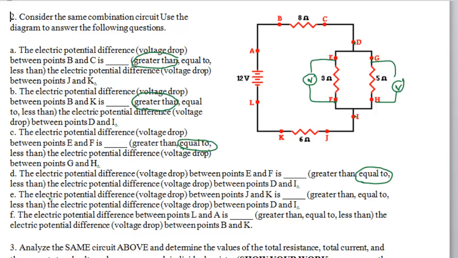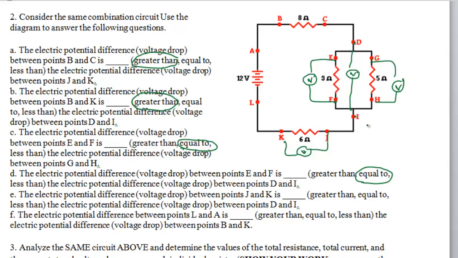Now question E, the electric potential difference, the voltage drop between J and K, which is across the 6 ohm resistor here, if we place a voltmeter here, how will it be related to the voltage drop between D and I, between this point and this point? Now recall that the 6 ohm resistor here is connected in series with the equivalent of the 3 ohm and the 5 ohms.